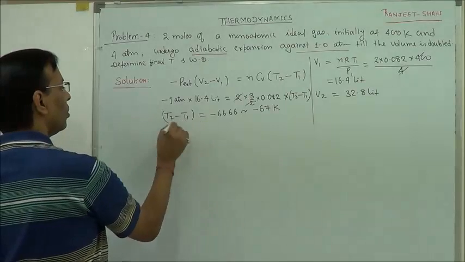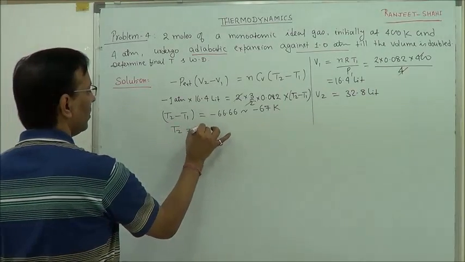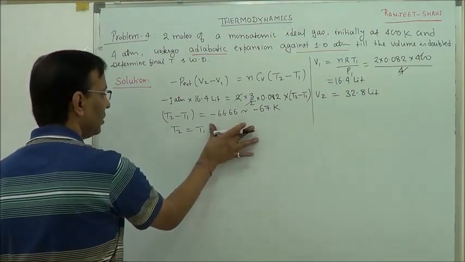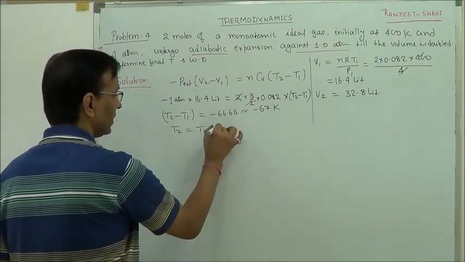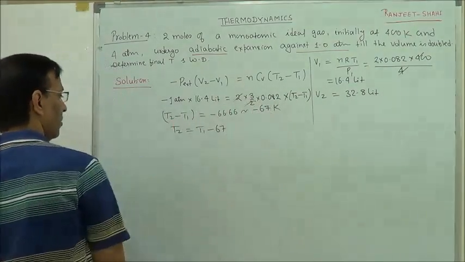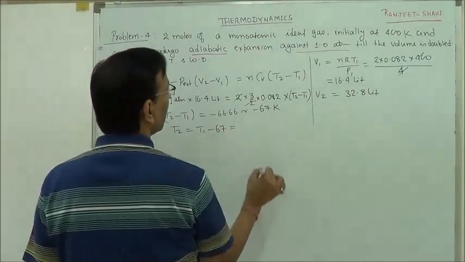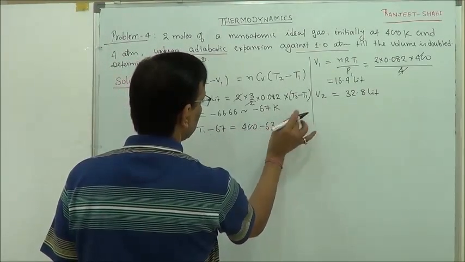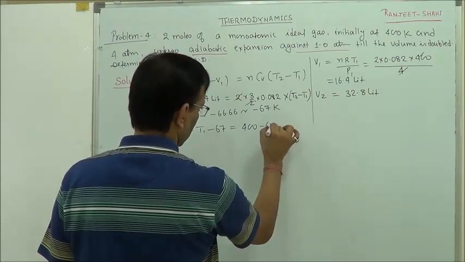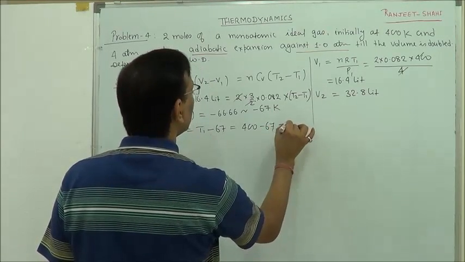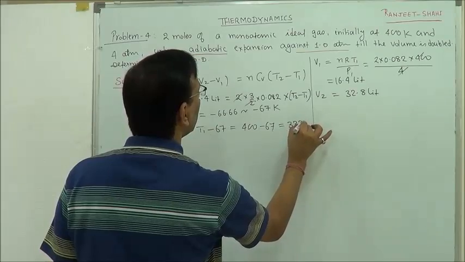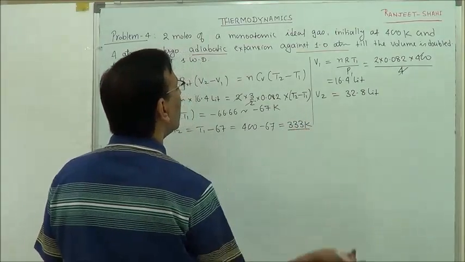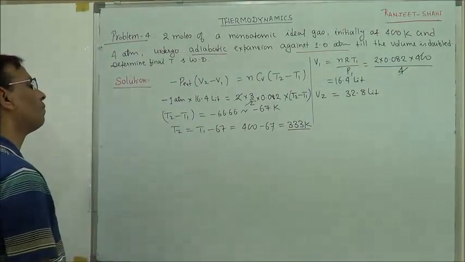So T2 will be T1 minus 67. T1 was 400 minus 67, so it is 333 Kelvin. It is the final temperature.